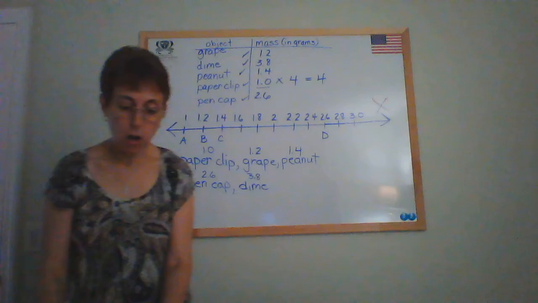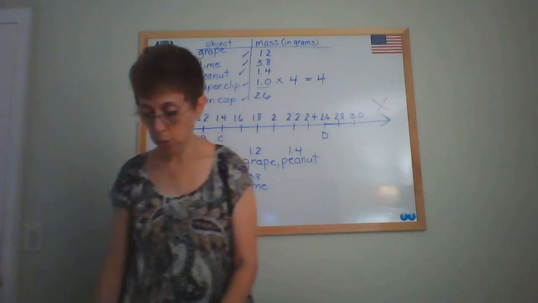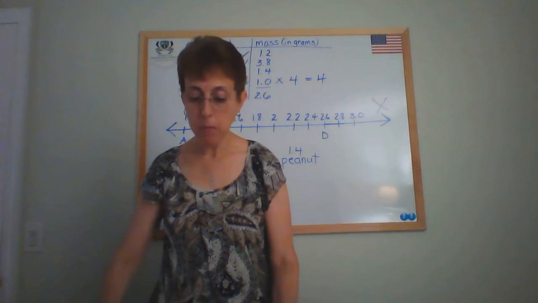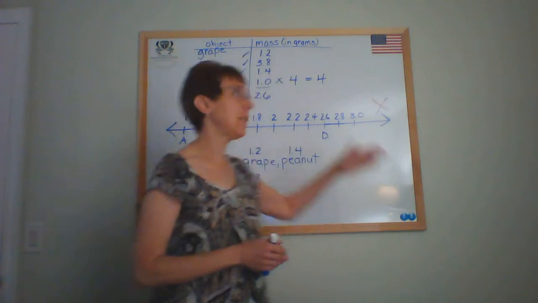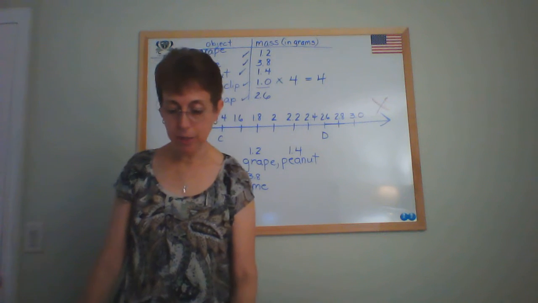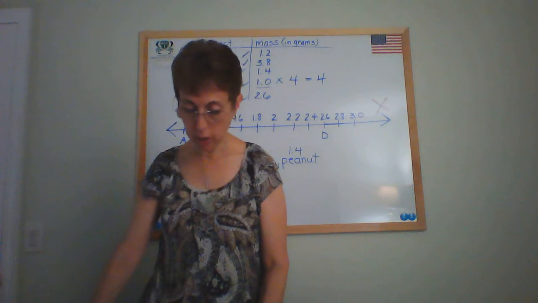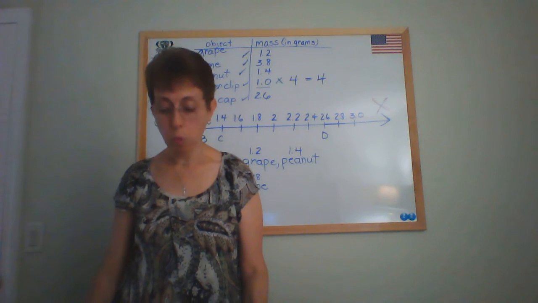Okay, all right, now in your textbook today, I want you to work on pages 340 and 341, comparing densities. Here we were comparing the mass of objects. You're going to be looking at the densities of liquids, and you have corn syrup, cooking oil, ethyl alcohol, gasoline, and water.